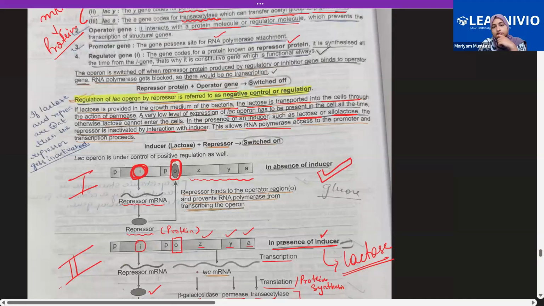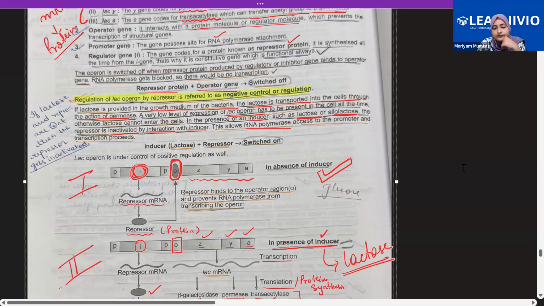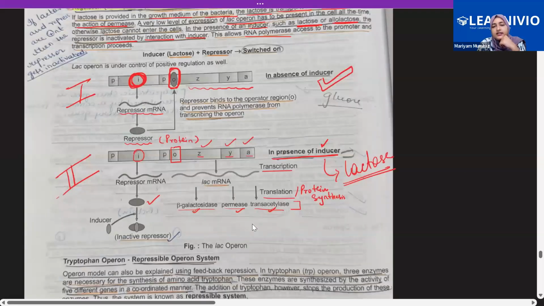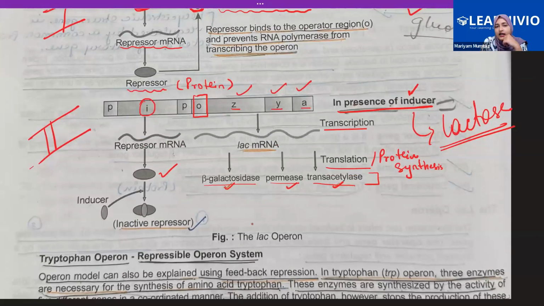Ma'am, can you repeat? Yes, Marwa, any doubts? Which one? The whole thing? No, ma'am, the one you talked about now. Oh, right now. See, right now I said that these structural genes ultimately have to synthesize a protein. Now see, there is no gene that will directly make the protein.